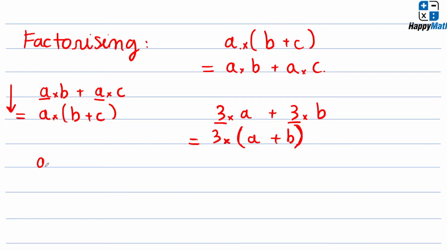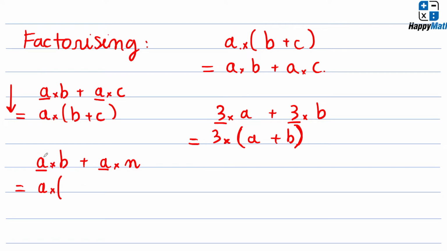Okay, how about a multiply b plus a multiply n? You can see here we have two terms in this expression, ab plus an. And a is a common factor of the first term and the second term. I can take a outside, and a is multiplied with the first term, a and b.